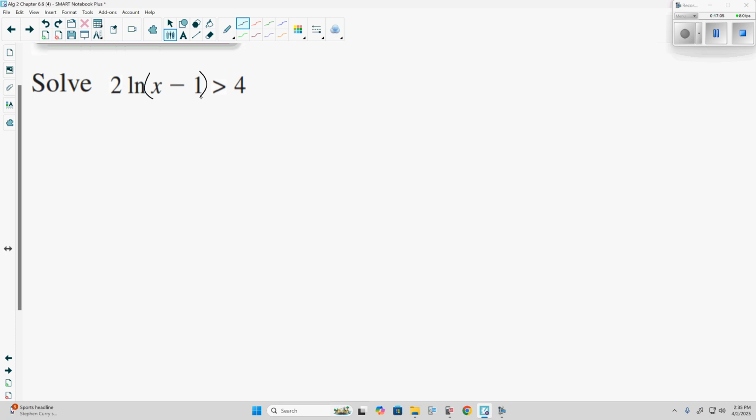The reason I'm doing this is I want to change the restrictions a little bit. We know that x minus 1, what's inside, has to be greater than 0. Or we can say that it can't be less than or equal to 0.